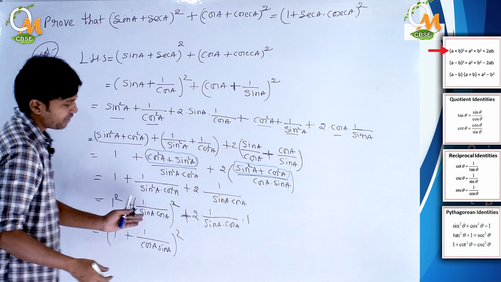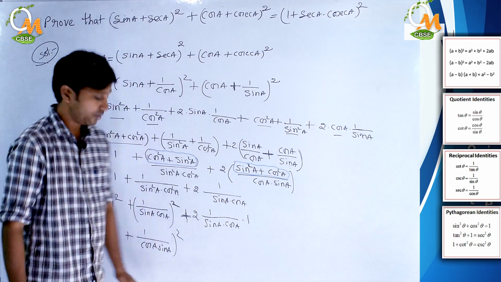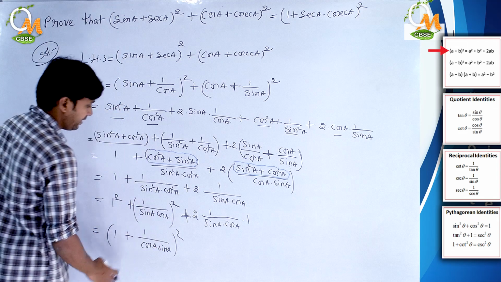Anything you can write, sin A cos A also, it doesn't matter. So 1 plus 1 by cos A sin A whole square.